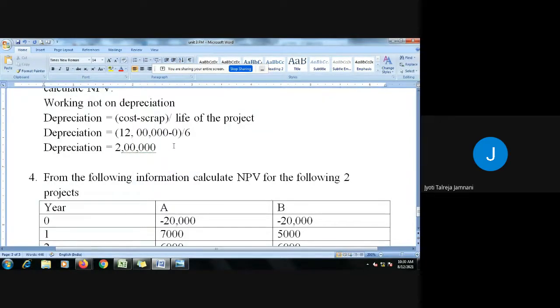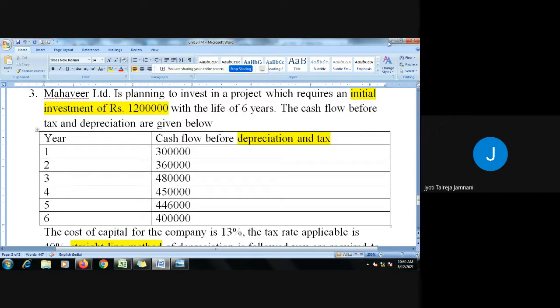Okay. Now using this, we'll calculate our cash flow. So here we will need a lot many columns. So instead of doing it in your books vertically, you can solve it horizontally because we need almost 10 columns to find the answer. So let's start with doing it.